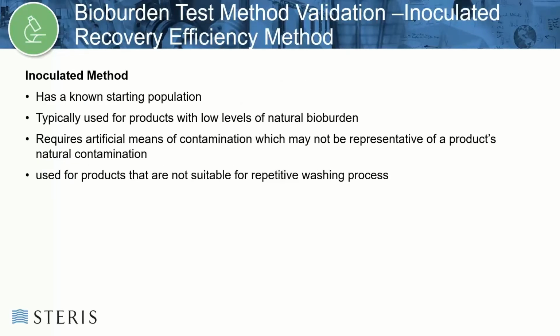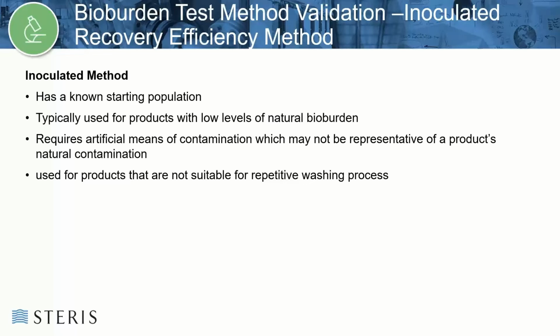A quick overview of the bioburden inoculation method. It has a known starting population, therefore has a consistent point of reference to use for the calculation of the correction factor. It is typically used for products with low levels of natural bioburden.